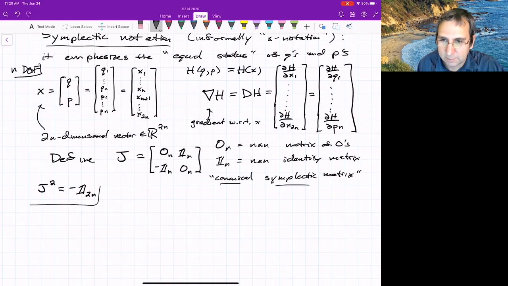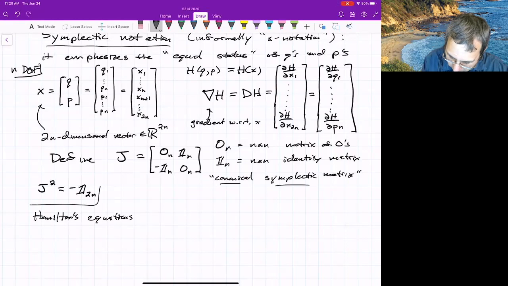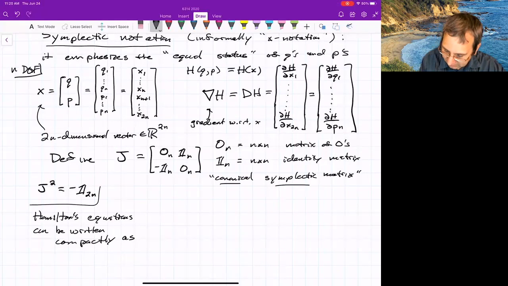Now, Hamilton's equations can be written in a nice form. They can be written very compactly as x dot equals J, right?